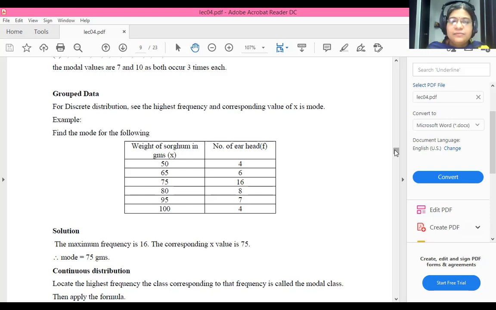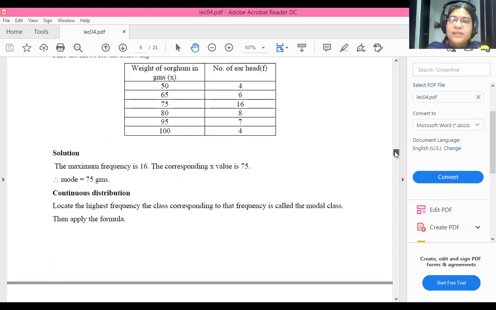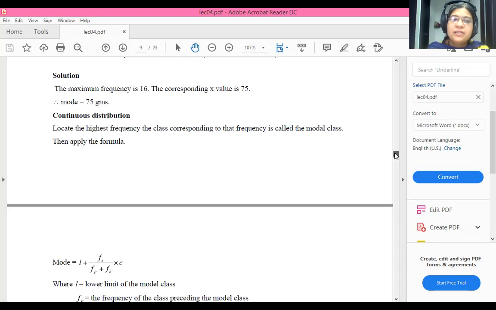Next, how we will find a mode in the case of the continuous distribution. In the case of the continuous distribution, locate the class with the highest frequency, which is called the modal class. Then apply the formula. Mode is equal to L plus Fs divided by Fp plus Fs into C, that is the height of the class.